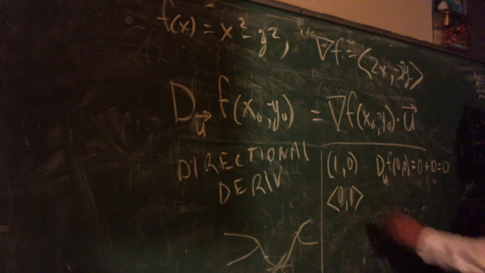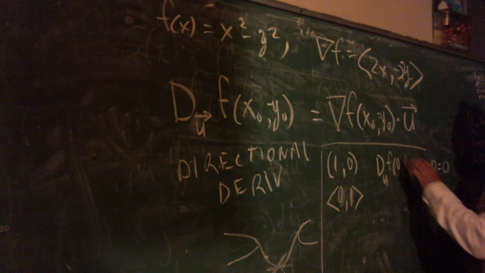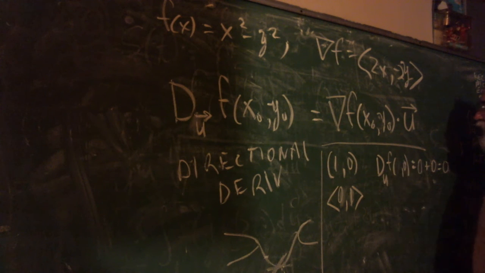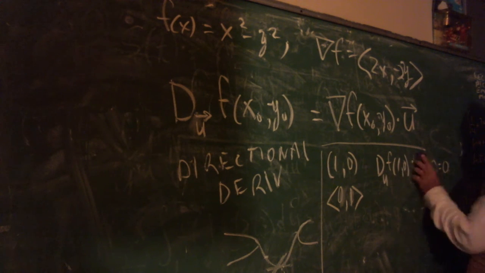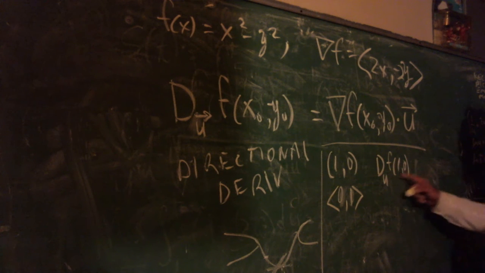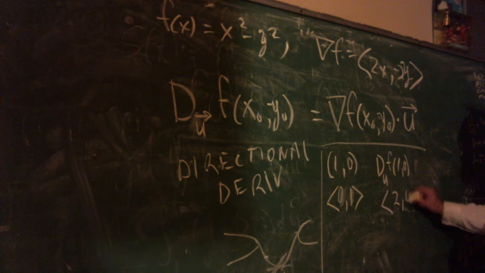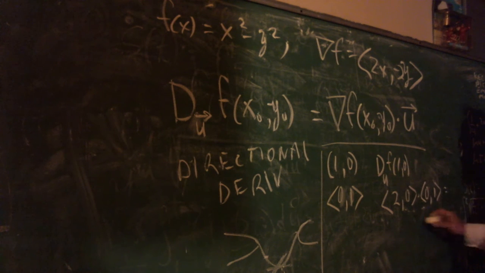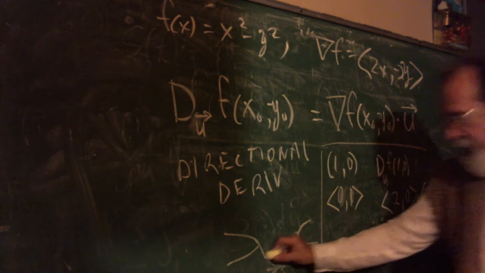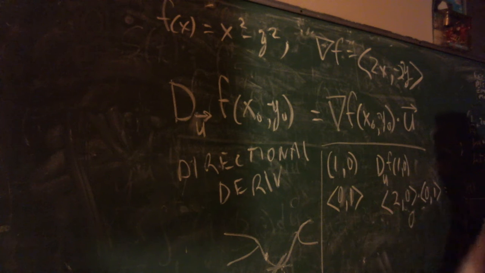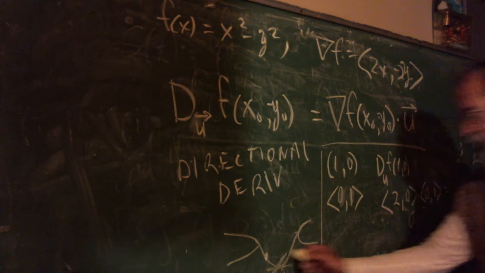Now the directional derivative at 1, 0: I get the vector 2, comma 0, dotted with 0, 1. And you can see that comes out to be 0. So at this point, facing in this direction, I get a horizontal tangent.